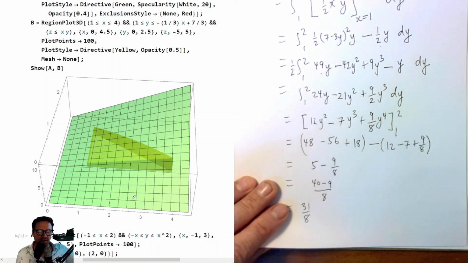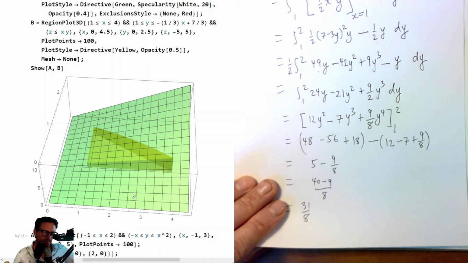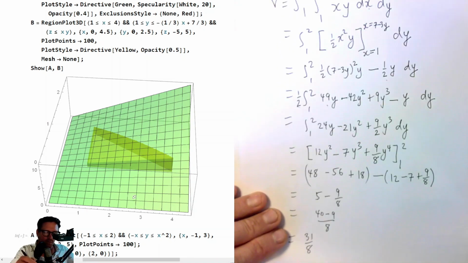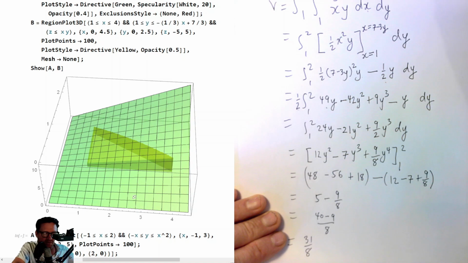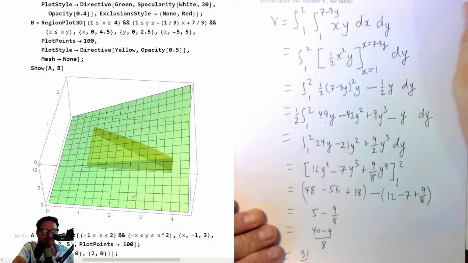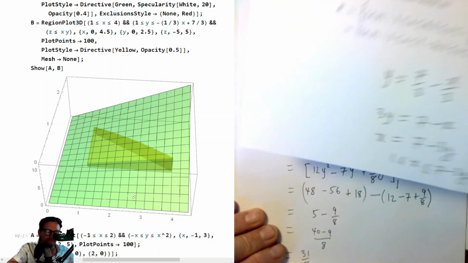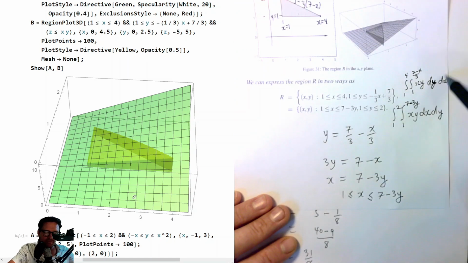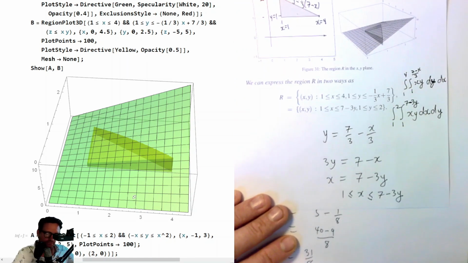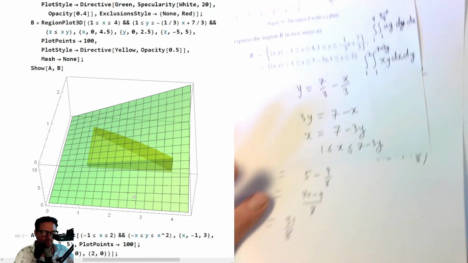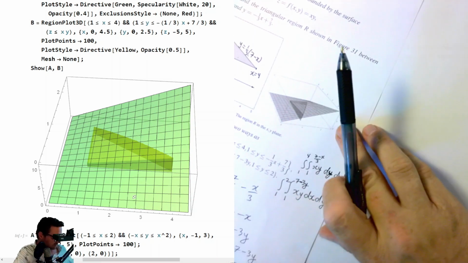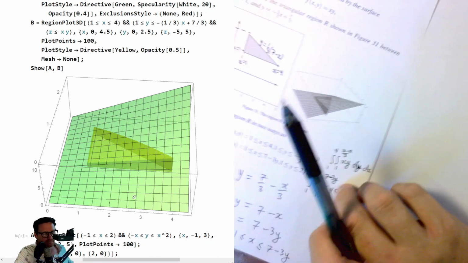All right, now let's calculate this the other way. In the other way, we want to perform this calculation. And we hope to get 31/8.